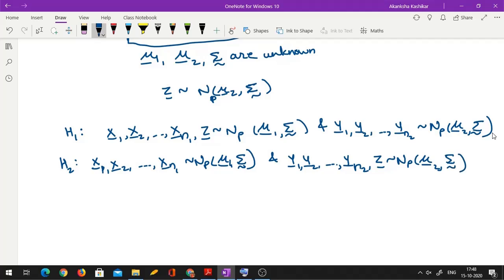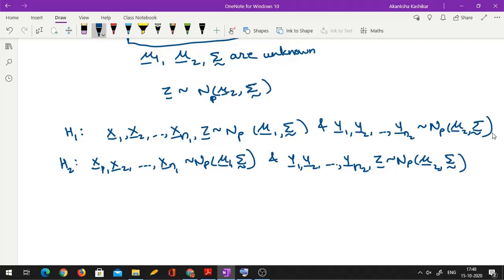So these are my competing hypotheses. The first hypothesis says z comes from the first population, and the second says z comes from the second population. So we will compute the maximum likelihood under both these hypotheses and then consider the ratio. Now since mu1, mu2, sigma are unknown, my first job is to estimate those.